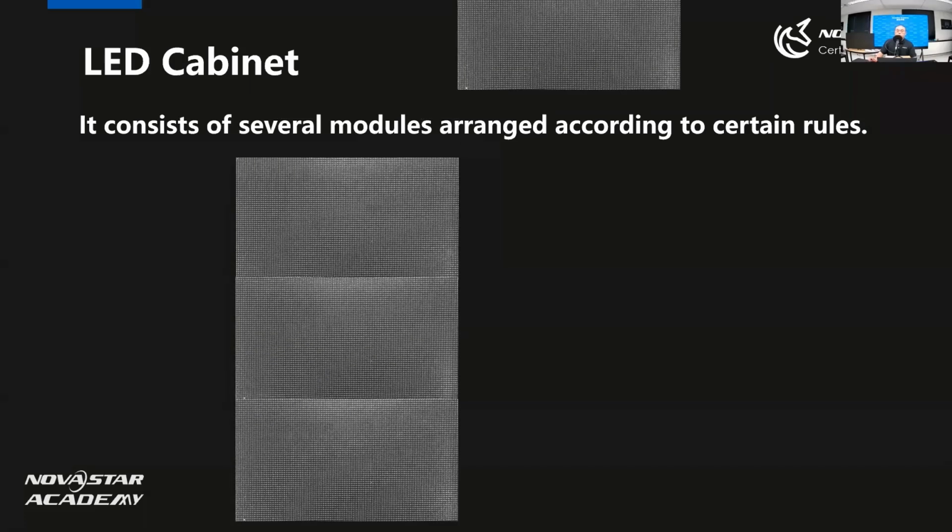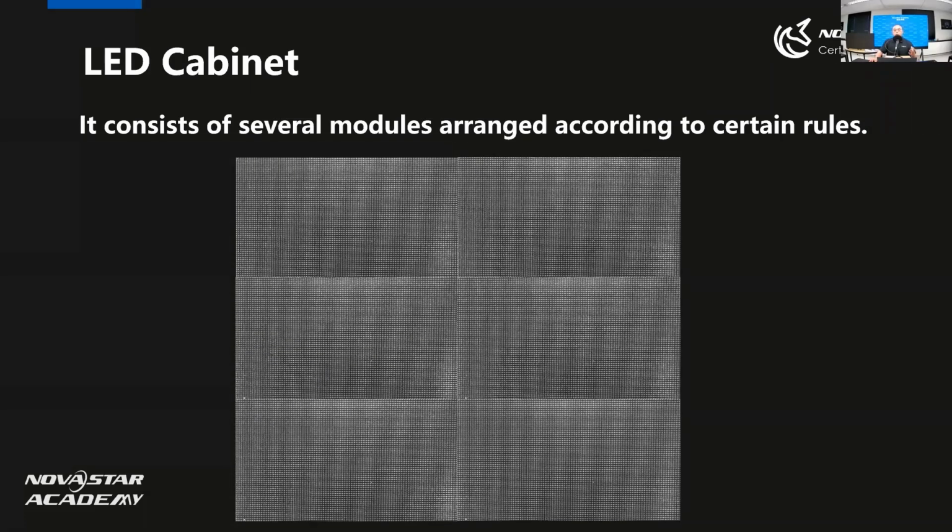When we have a working LED module, we need to make it into an LED cabinet. In one LED cabinet, we may have several LED modules. Normally, if we want to control this cabinet to show the image, we need one device, which is called the receiving card.